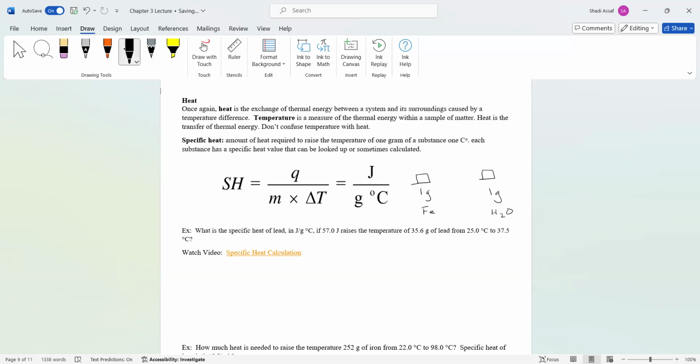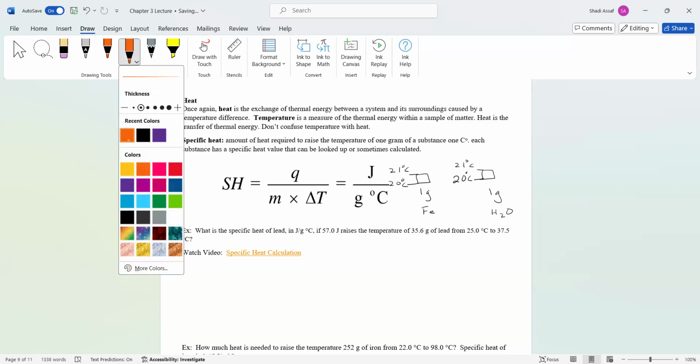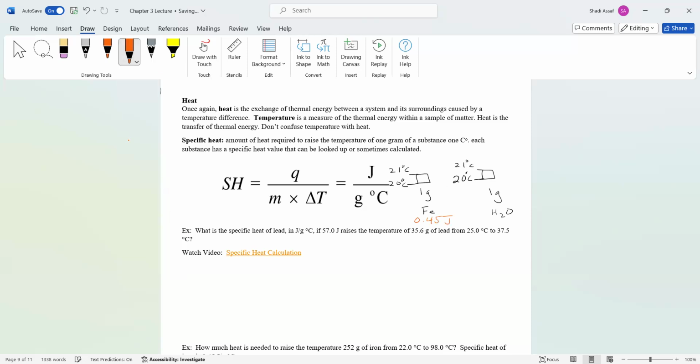If they're both, let's say, at 20 degrees Celsius, and you would like to increase this by just 1 degree to 21, what we say is that the iron would need about 0.45 joules, less than a joule, whereas water would need 9 times the amount of heat, 4.184 joules.